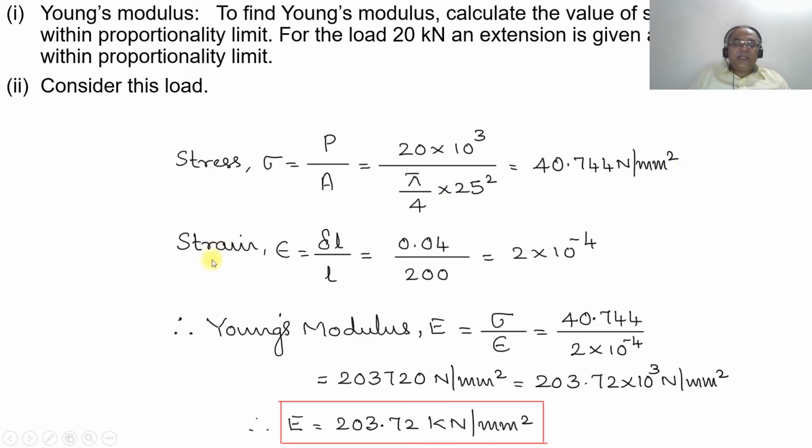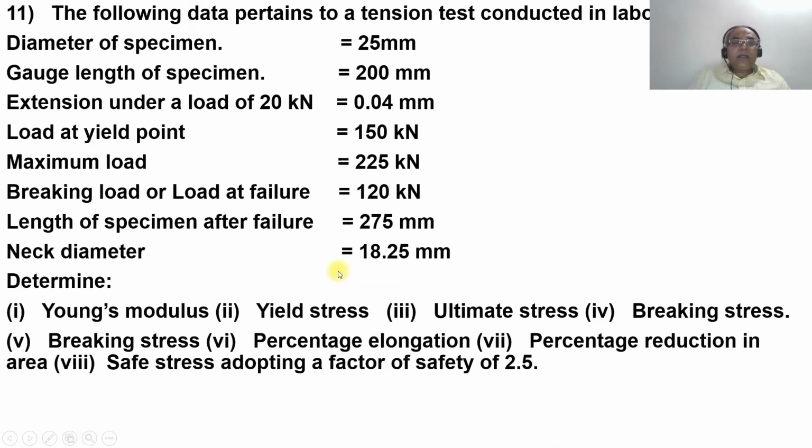Then what is the strain? Strain is change in length by the original length, that is delta L by L. So what is the delta L? The delta L is given as the extension under a load of 20 kilonewton. So we found out the stress at 20 kilonewton.